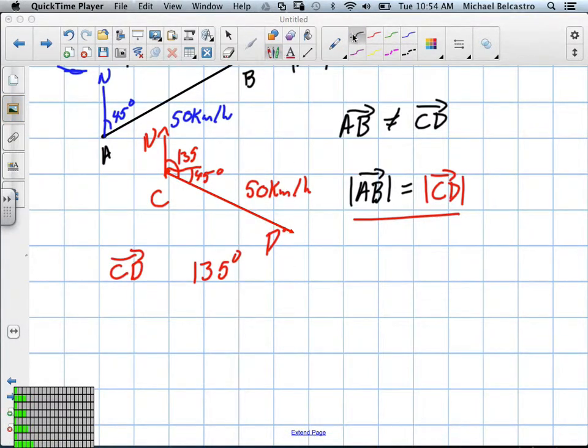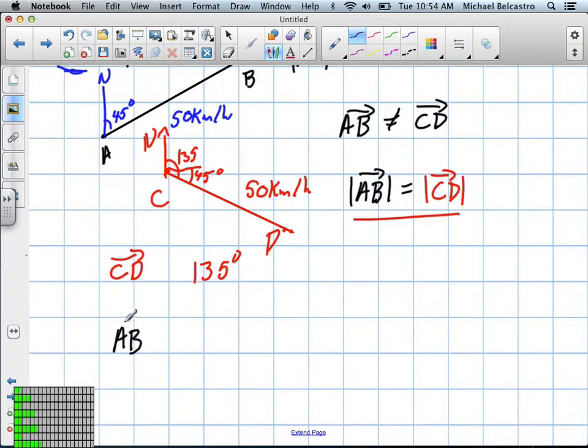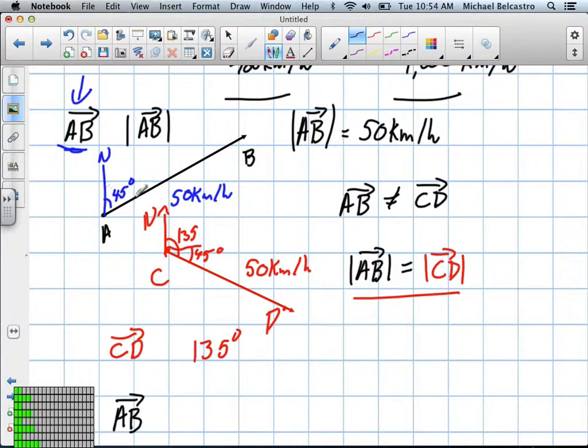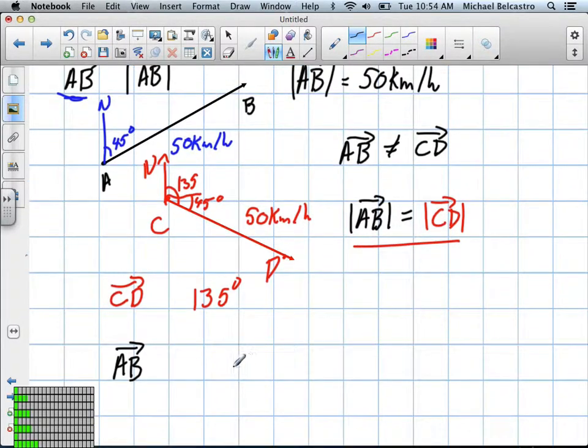Okay, and finally, let's talk about a negative vector. Again, let's talk about vector AB. Vector AB, we already knew above, was heading on a bearing of 45 degrees at a speed or magnitude of 50 kilometers an hour. If I were to say I would like the negative vector AB, the magnitude of the vector does not change.